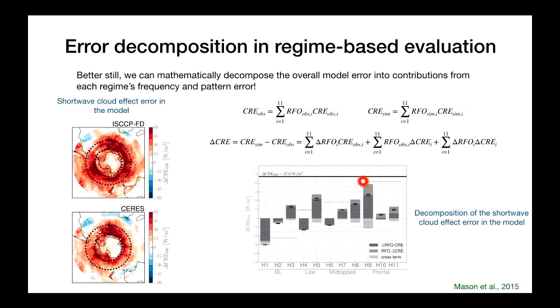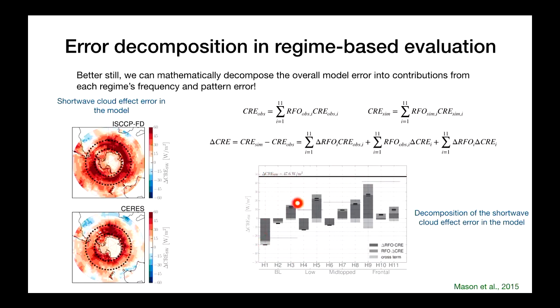And what we're plotting here is this decomposition from a paper a student of mine, Shannon Mason, published. Here are our 11 regimes. And again, the details don't matter. It's about the principle of how to approach this. So these are the 11 regimes. This line here is the total error, which is 47 watts per meter squared for enthusiasts.